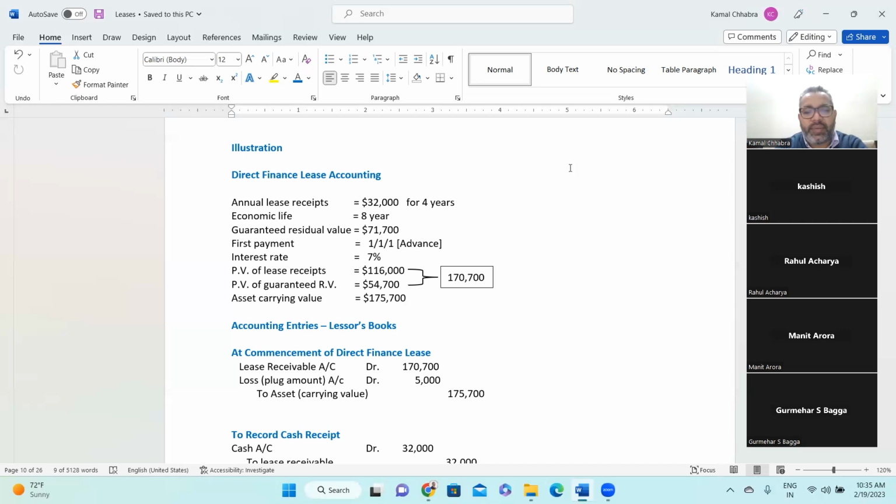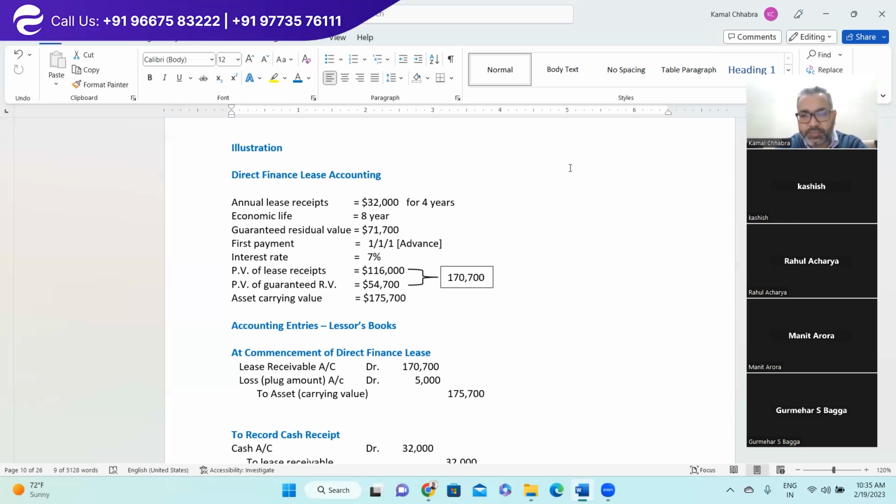And they have given the asset carrying value. That means the book value of the asset is 175,700. So book value is more than the present value here, right? So this shows this is a direct finance lease, because if the book value were less than the present value, then it would have been a sales type lease, right?